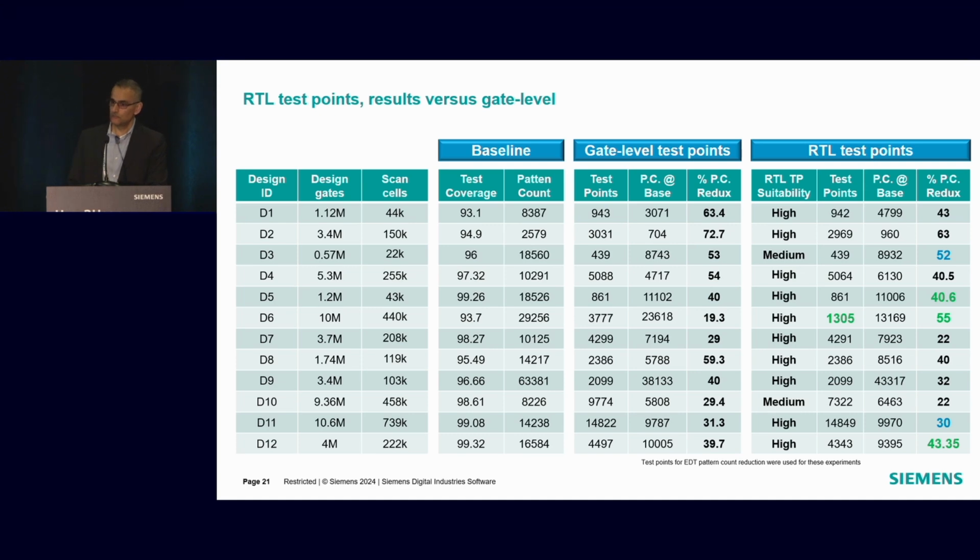Sometimes I try different numbers of test points, like 6,000, 9,000, 7,000, and compare the test coverage. But within 7,000, the test coverage improvement is not much, so I decided on 5,000.